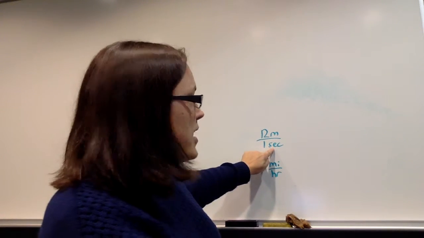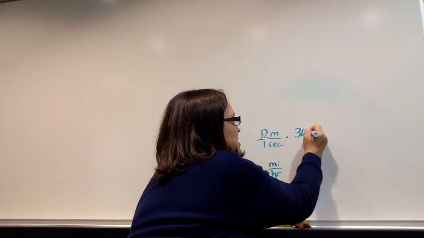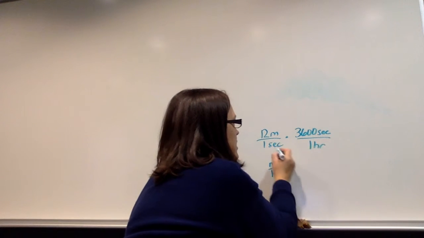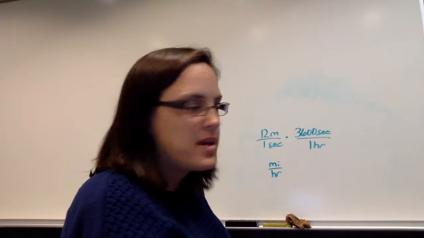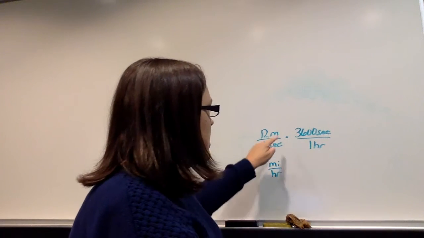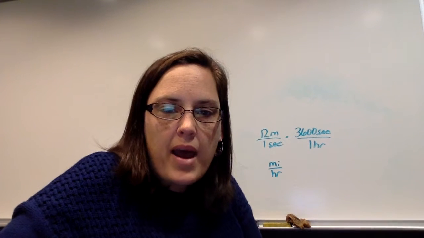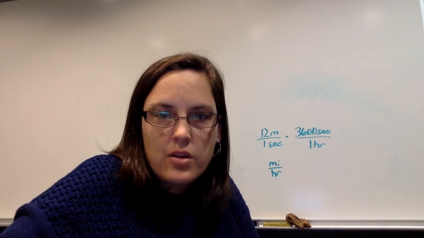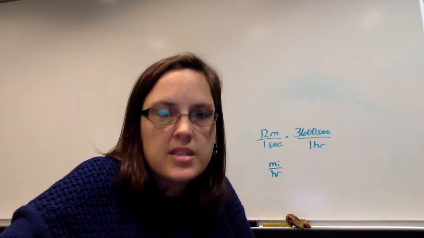I'm going to start with my seconds and get 3,600 seconds in 1 hour. Again, I put seconds in the numerator so that I could cancel them. Now I've got to somehow get from meters to miles, and that's where you're going to need to go back to page 201 to find those metric to customary conversions.